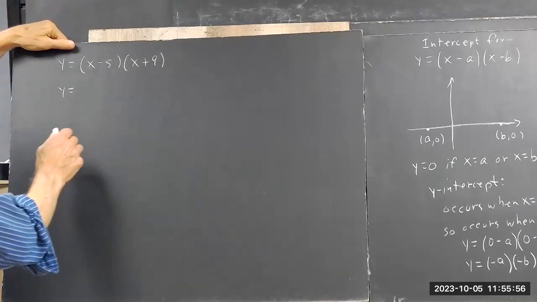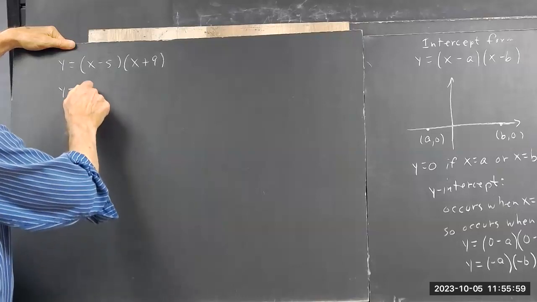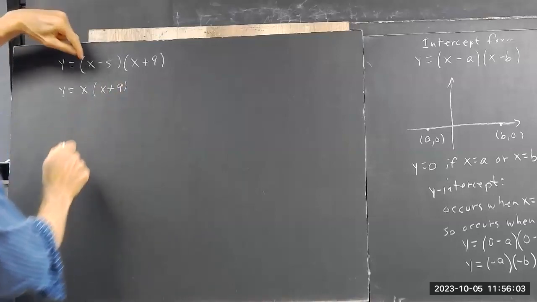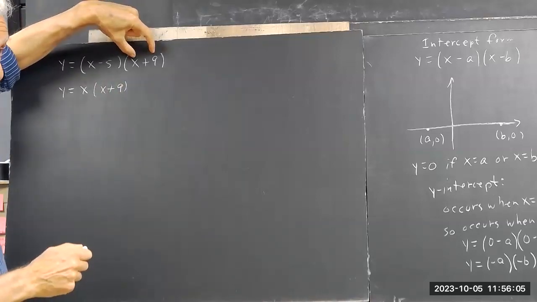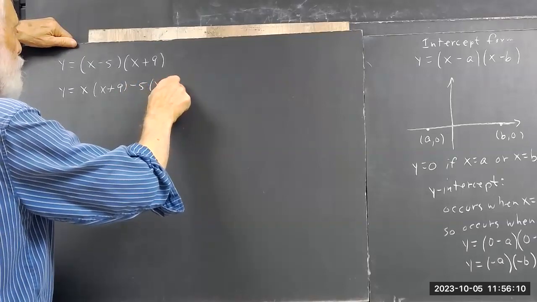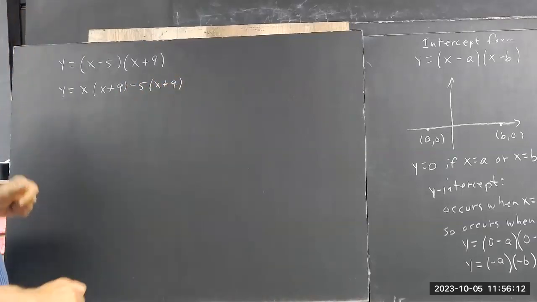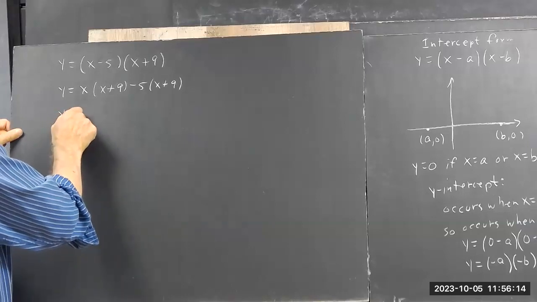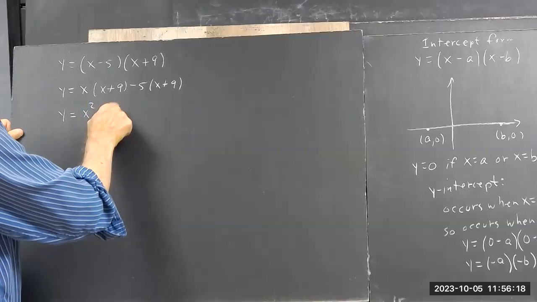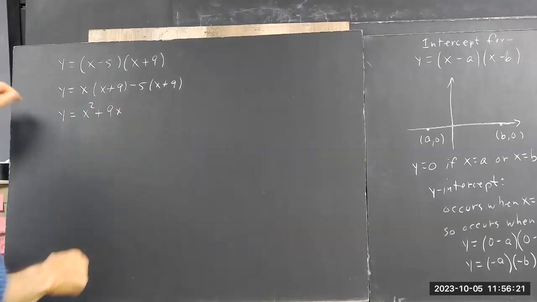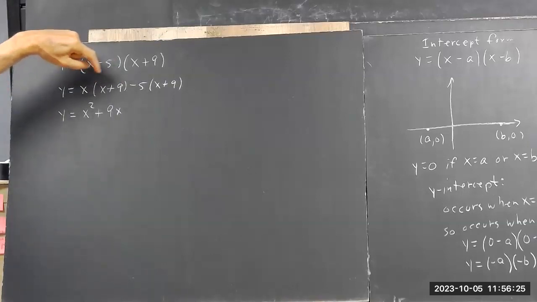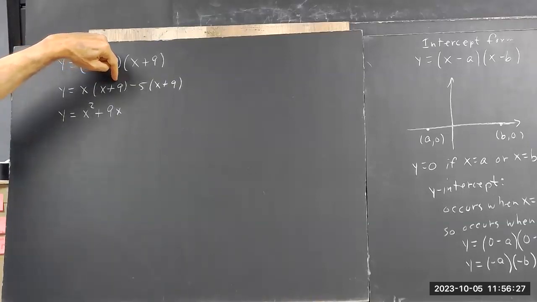So I'm going to do this in 2 steps. I'm going to say, well, this is x multiplied by x plus 9. So the x multiplies the x plus 9, right? And then it's minus 5 times x plus 9. And then we can multiply x by x to get x squared, and x by 9 to get 9x, because x multiplied by x plus 9 is x times x plus x times 9.